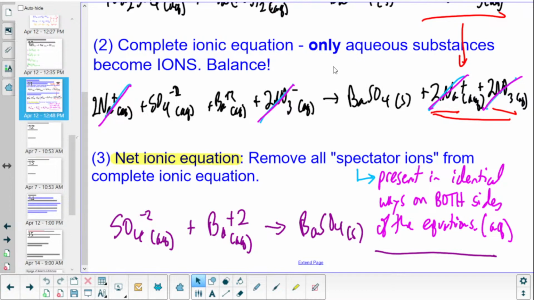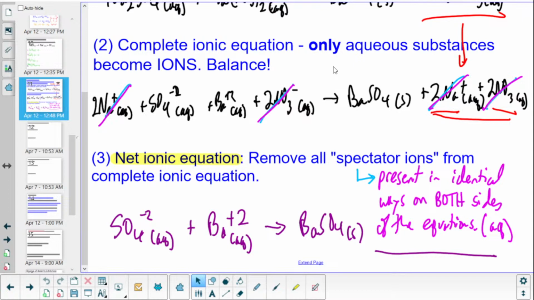Calcium is Ca, second row. Nitrate is NO3. Calcium is positive 2. And now we have potassium sulfate.